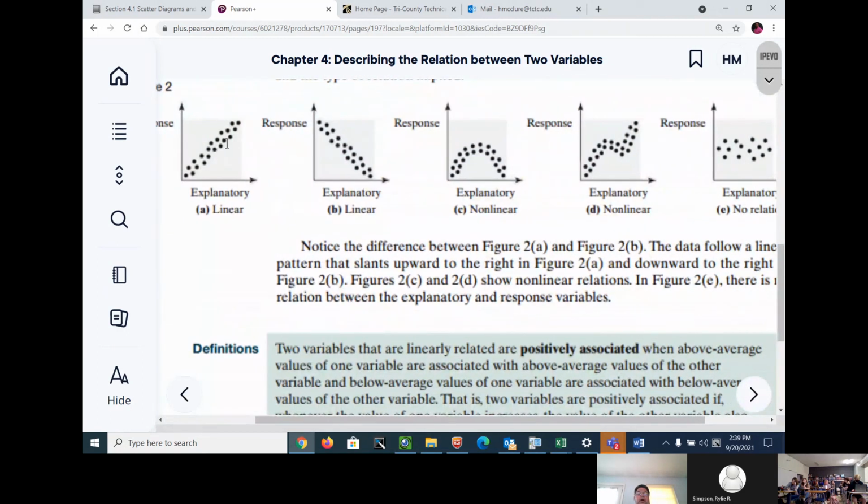That's a linear positive correlation, a linear negative correlation, a nonlinear, you don't have to draw the nonlinears, and no relation. Now you will be tested on the linear positive, linear negative, and nonlinear in this test. So you don't have to write down the nonlinears because just for your information, you might see them on a standardized test.